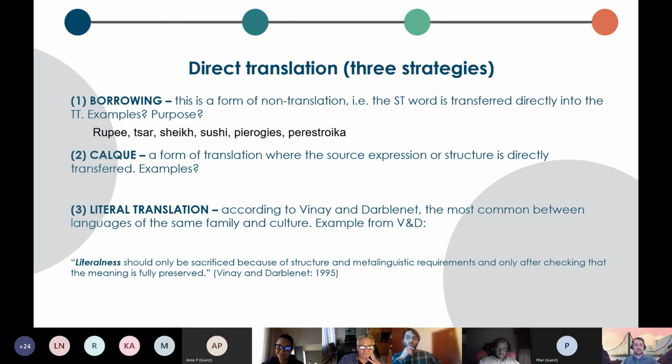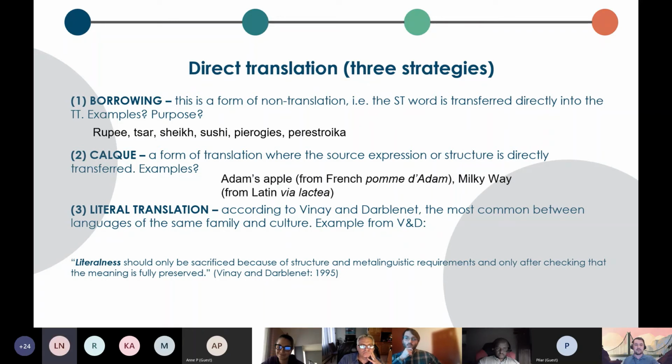Some examples are Adam's apple, which comes directly from French, pomme d'Adam, or the Milky Way, which is a Latin term, Via Lactea. Does anybody have any other examples of calquing? Sometimes they're hard to come up with, unless you know the etymology of certain words or expressions.